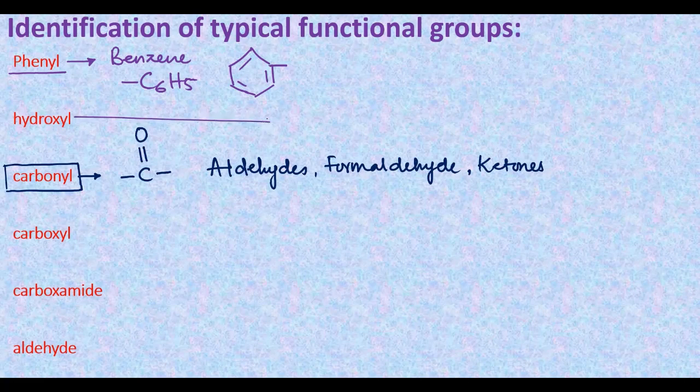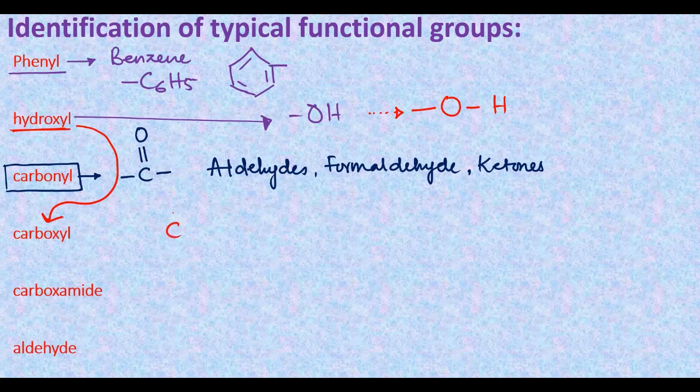Hydroxyl is actually the name given to the OH, in which one oxygen is linked to only one hydrogen and its one valency is free, which can attach to any other compound, for example in alcohols or in carboxylic acids. Carbonyl is already discussed, and carboxyl means a hydroxyl group attached to the carbonyl group.